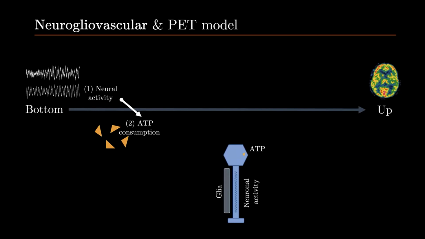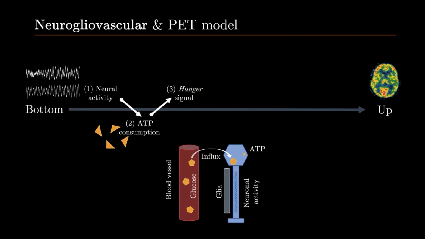Then we have the glia cells, which trigger the hunger signal I mentioned. This hunger signal allows the blood vessel to release glucose and increase the ATP concentration again. So neural activity causes ATP consumption, causes a hunger signal, causes glucose uptake, and finally an increase of the ATP concentration.